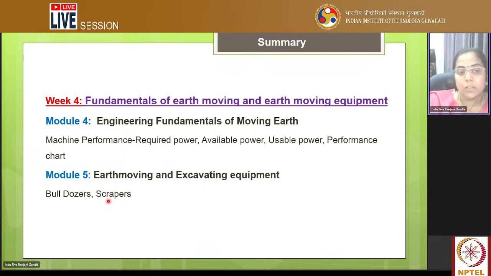For the scrapers, we discussed an important point on how to balance the interdependent machines, like how to derive the number of scrapers which will be served by a pusher for the pusher loaded scrapers. How to derive the balance number, and how to round it to the lowest integer or to the highest integer. We compare the economics of both cases and derive the optimum number of scrapers and pushers. All these things we have discussed in detail.